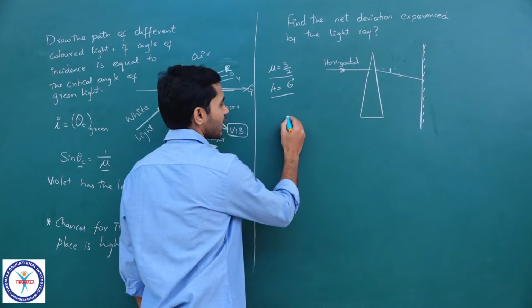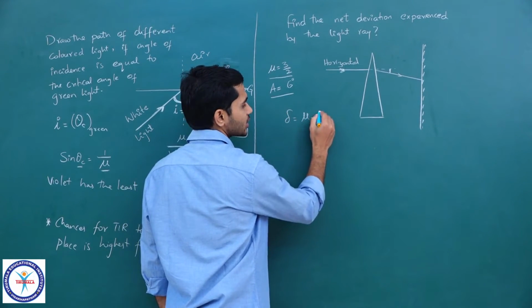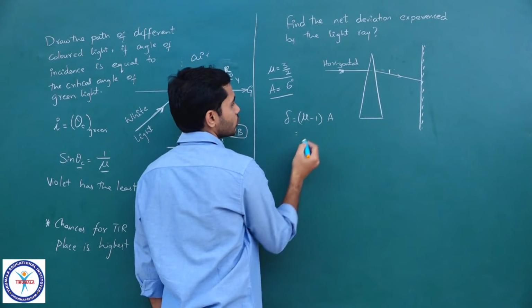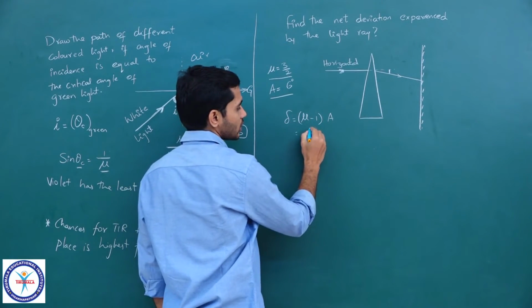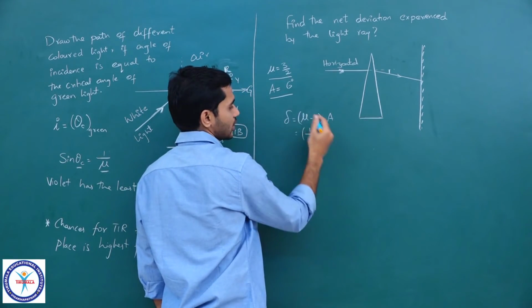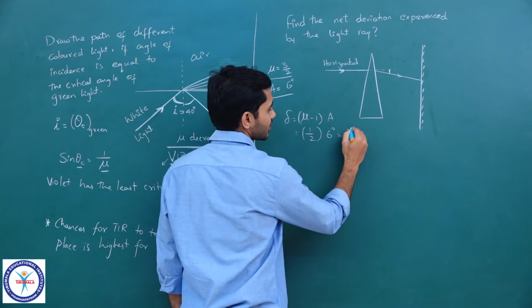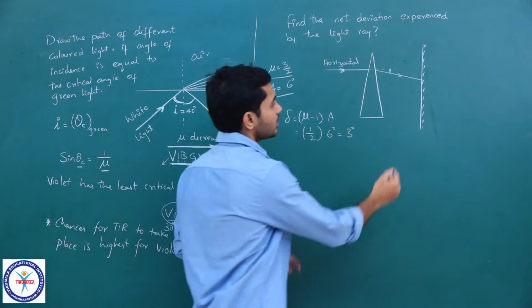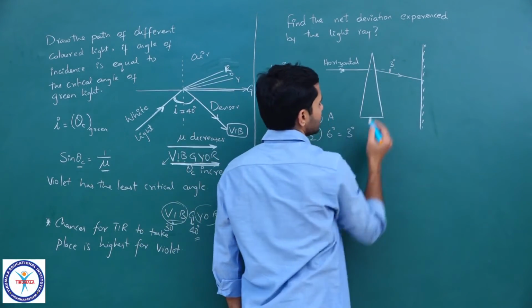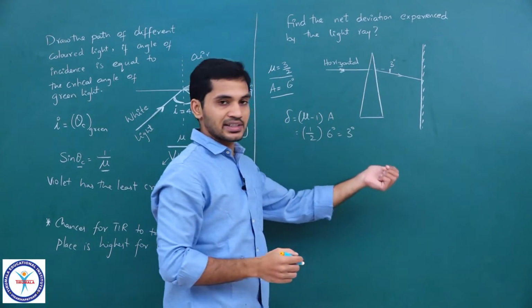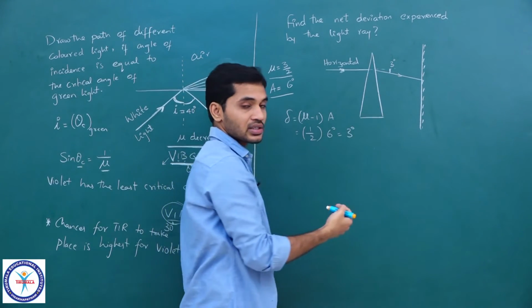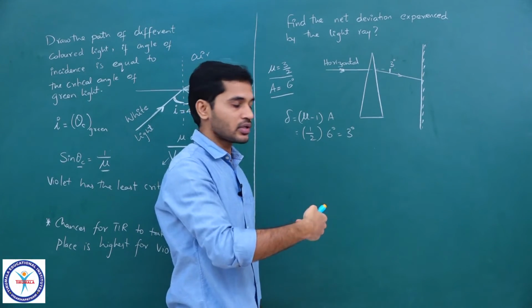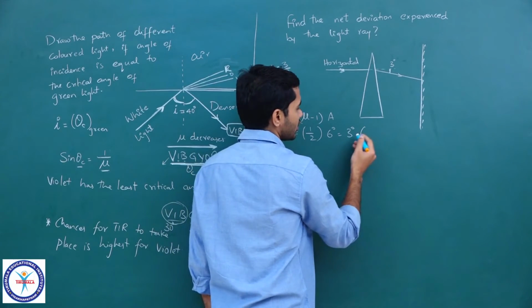So, the formula which we have is delta is equal to (mu minus 1) into A. So, mu 3 by 2 minus 1 is 1 by 2 into A is 6 degrees. So, solving this will give me the value as 3 degrees, right.